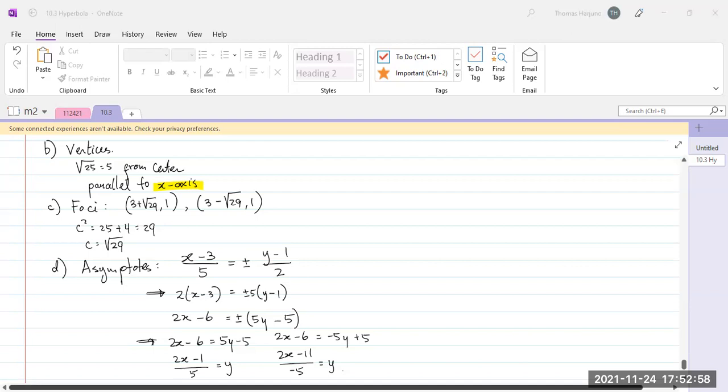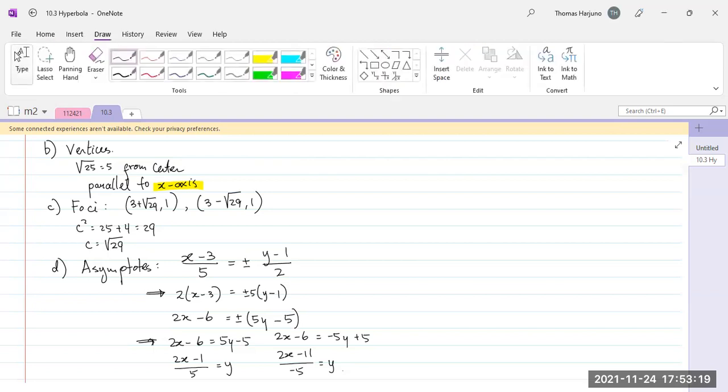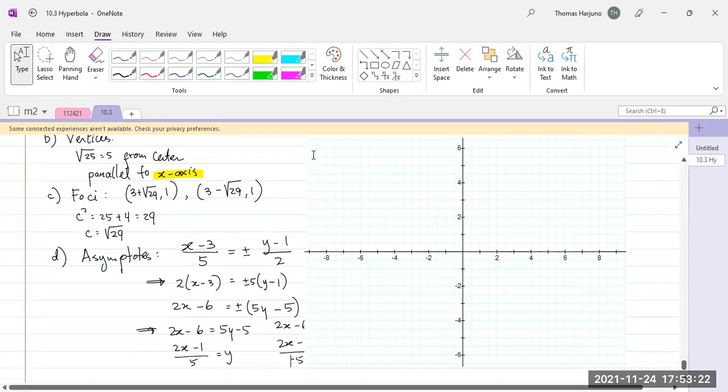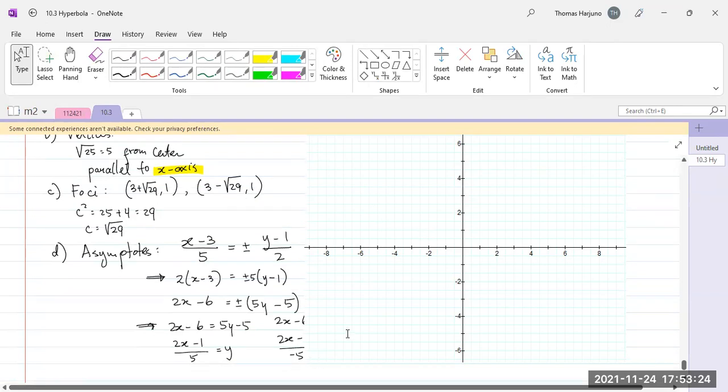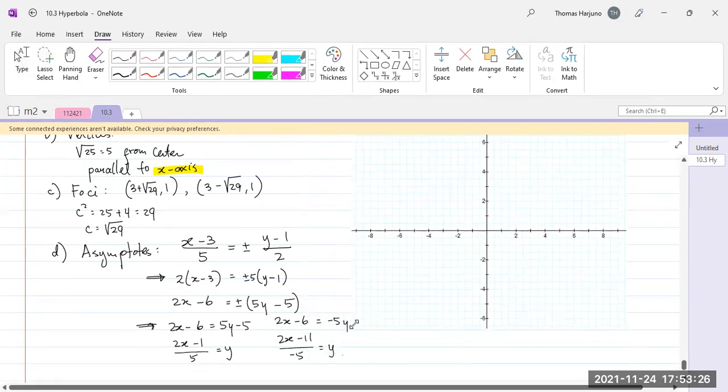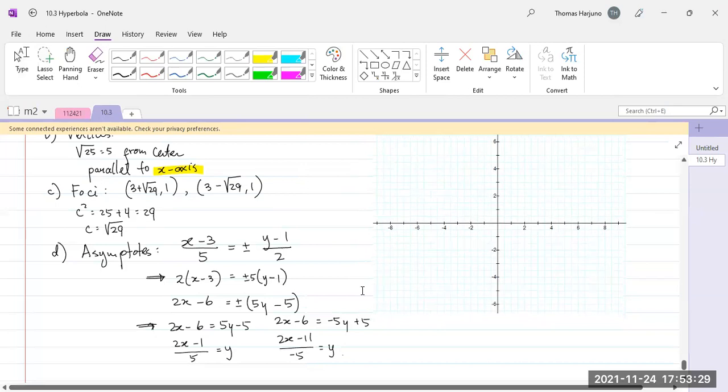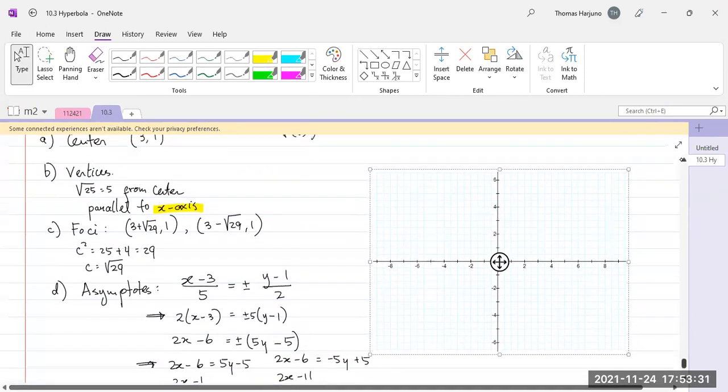Now let's try to sketch the graph. Hope it's not too small though.